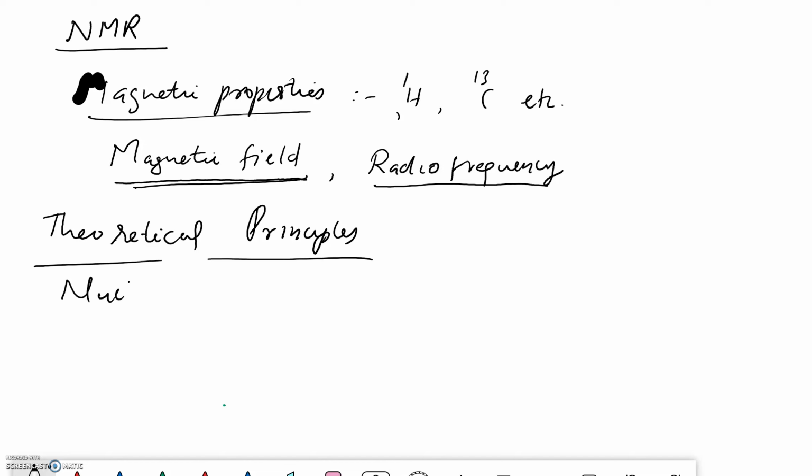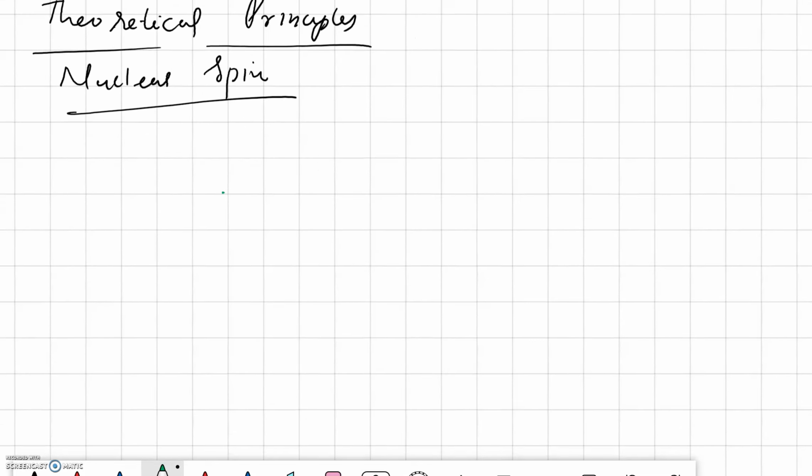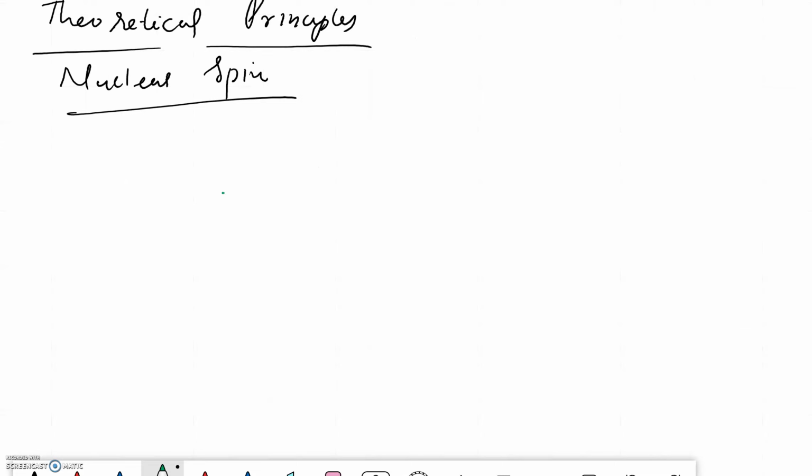First we have to know about the nuclear spin states. That is, certain nuclei have a nuclear spin I. All nuclei do not have spin. Only certain nuclei have spin magnetic moment or spin.